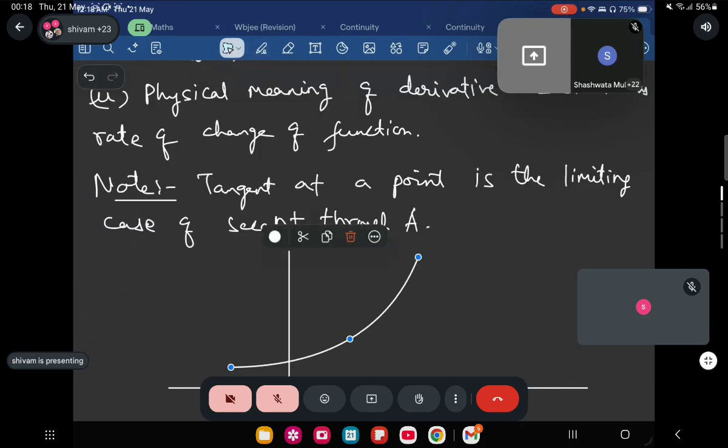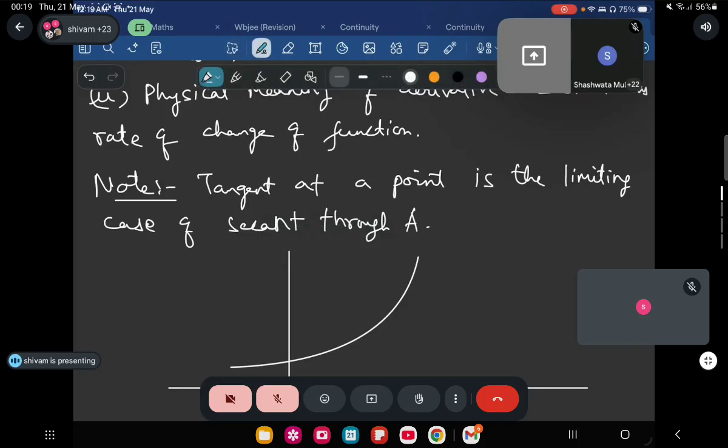You take 2 points, point A comma f of a, and point B, a plus h comma f of a plus h.